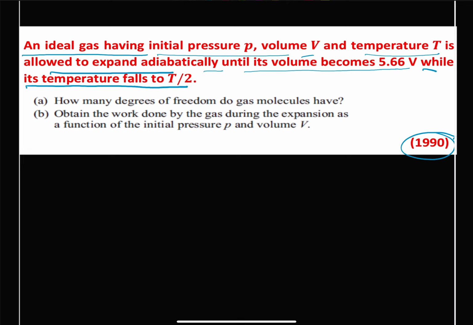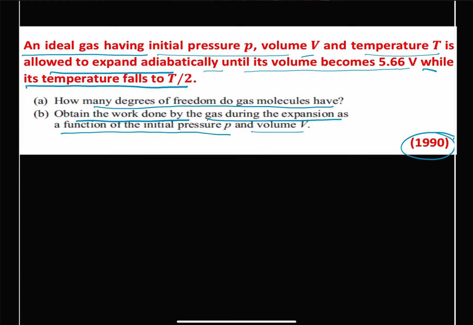Based on this, we have two questions. First, part A, how many degrees of freedom do gas molecules have? Part B, obtain the work done by the gas during the expansion as a function of initial pressure P and volume V. Okay. So initially pressure is P, volume is V and temperature is T.